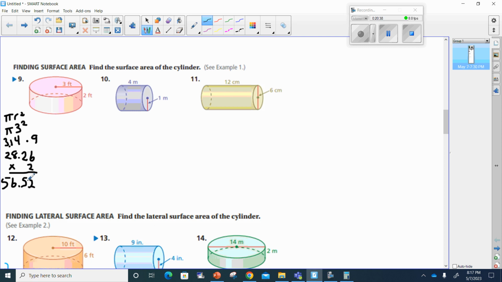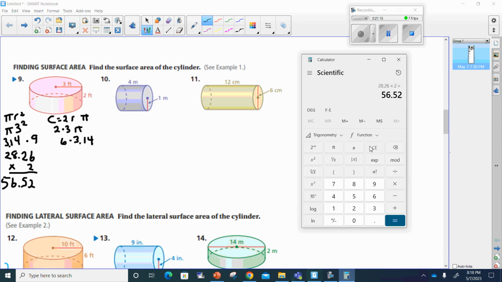All right, let's go to the rest. Again, we know that the width of this rectangle that's going to wrap around it is 2. We need to do the circumference formula to find out the length. The circumference formula is going to equal 2 radiuses times pi. We know that the radius is 3, so this is 2 times 3 times pi. 2 times 3 is 6. 6 times 3.14 will give us the length.